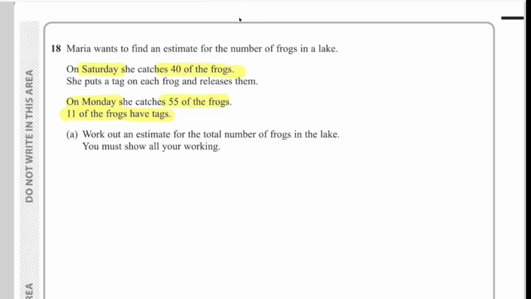Right. This is the theory of capture recapture method. So when doing this one, you need to understand the method.